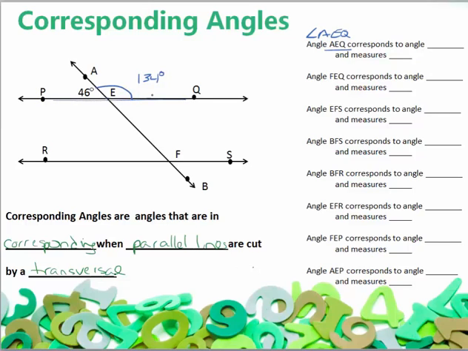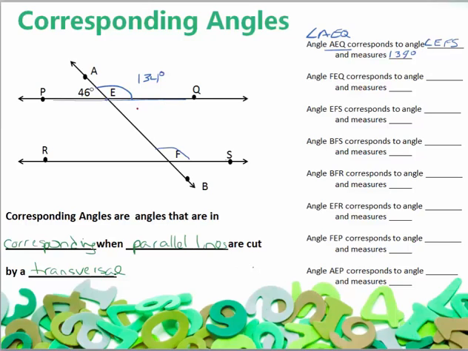Straight lines are 180 degrees. 180 minus 46 is 134. So angle AEQ corresponds to angle EFS, and they both measure 134 degrees.